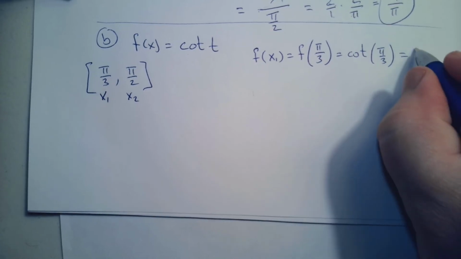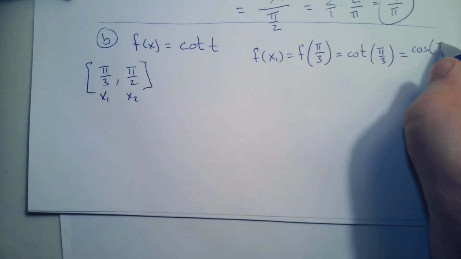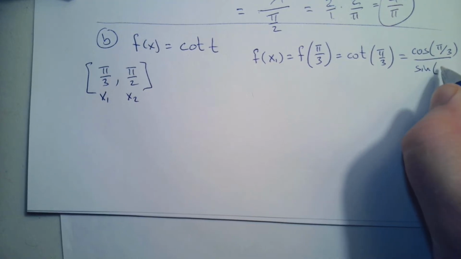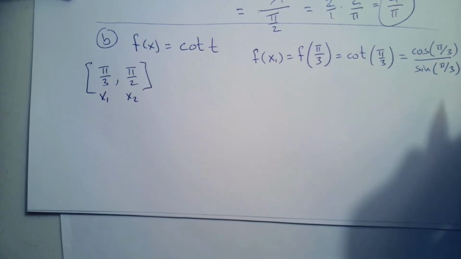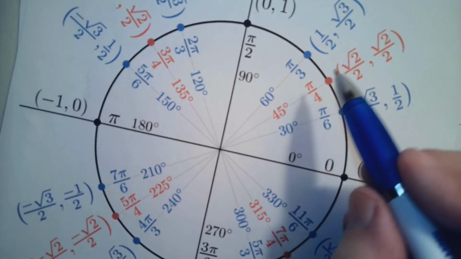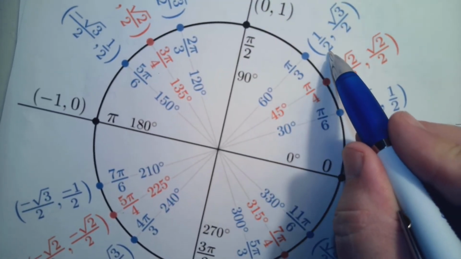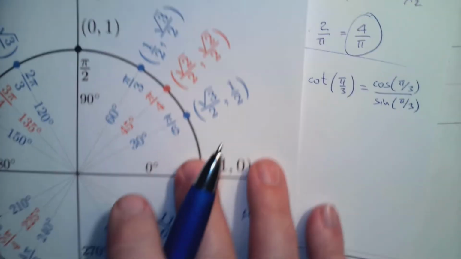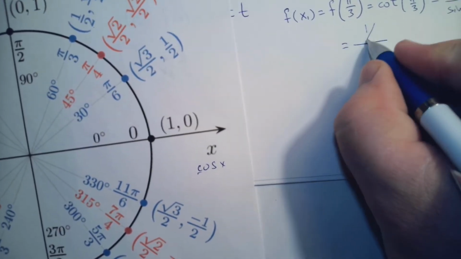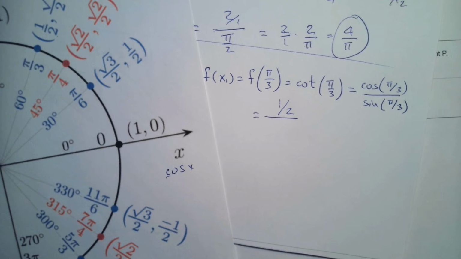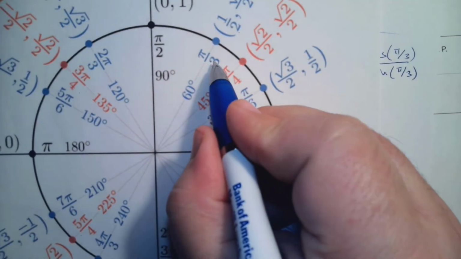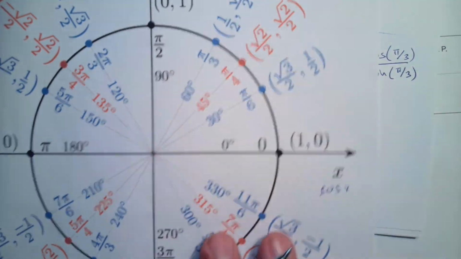which is again cosine pi over 3 over sine pi over 3. We look at this chart: at pi over 3, the cosine is 1/2, so the top is 1/2. The sine value at pi over 3 is radical 3 over 2.